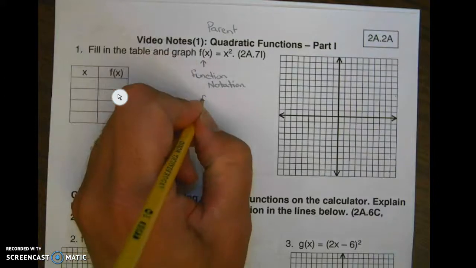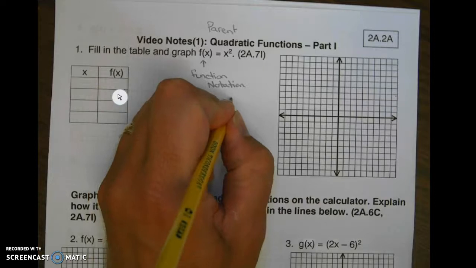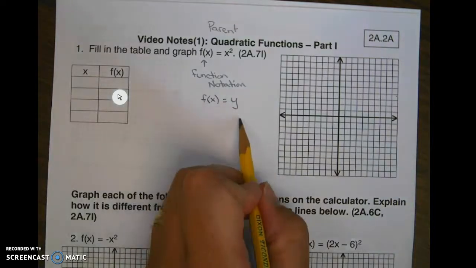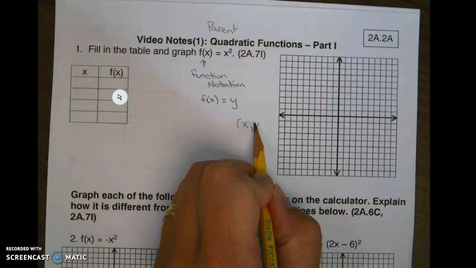The total notation, f of x, really represents y. So if you're plotting a point, we all know that when we plot a point, we start with the x, and then we plot the y.